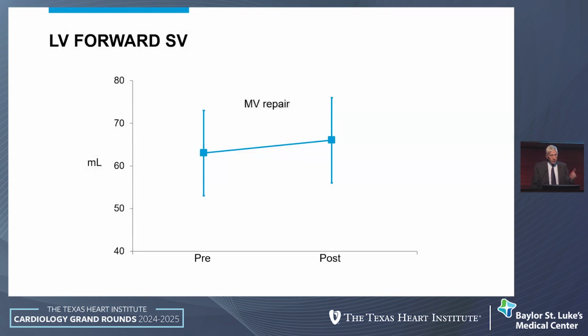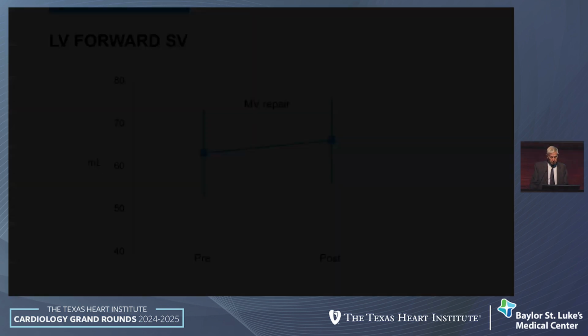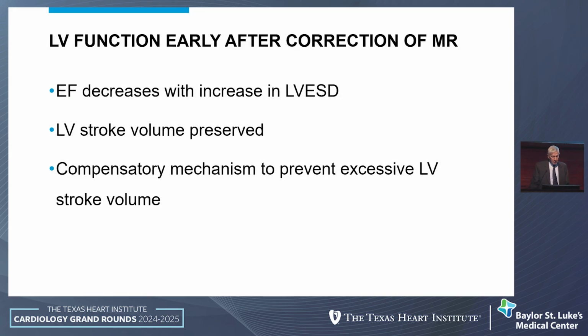But the stroke volume, even though the ejection fraction goes down, the stroke volume after mitral valve repair goes up slightly. So I think to state it again, LV function early after correction of MR is that the ejection fraction decreases with an increase in systolic volume to preserve a normal stroke volume. And it's a compensatory mechanism to prevent excessive stroke volume.